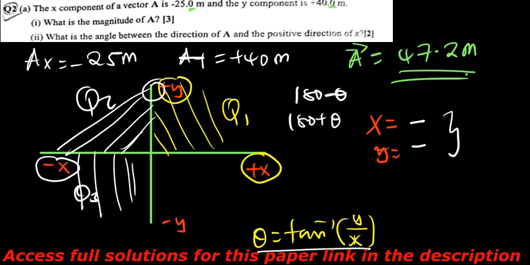Do not say 270 minus theta, no. Because the angle you are trying to find is here. We're trying to get the angle from this line all the way until it touches there. That's why it is 180 plus theta and not 270. When you say 270 minus theta, you are finding this angle. So we do not do that.